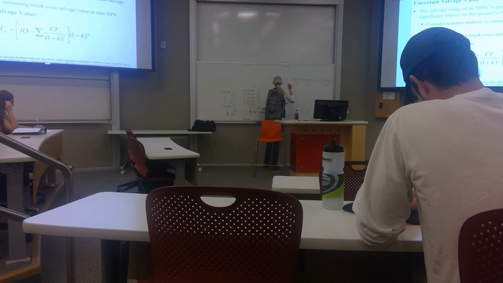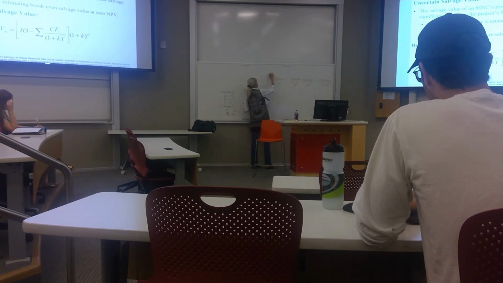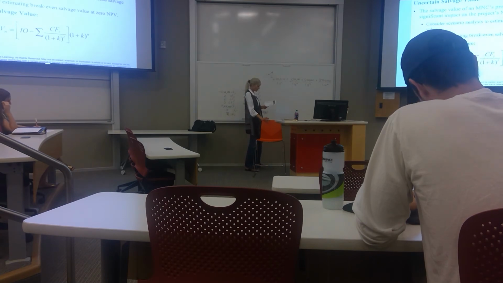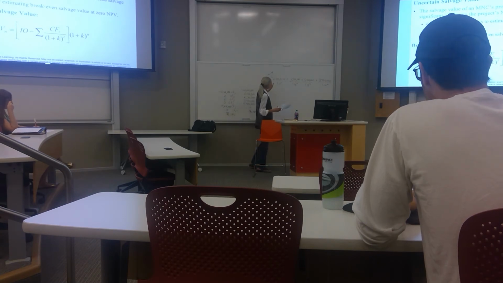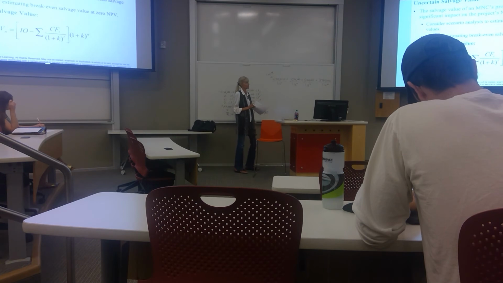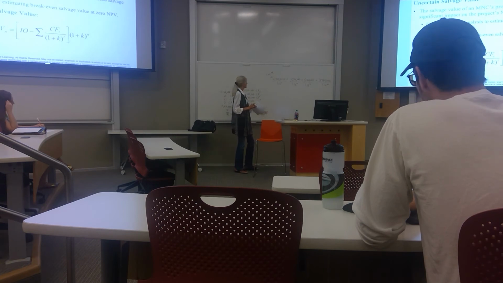This is line 19 that we've been dealing with, the cash flow line. And this piece right here represents the sum of the cash flows discounted at 1 plus required rate of return to the T. So that's this piece.